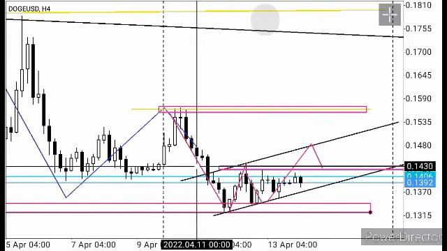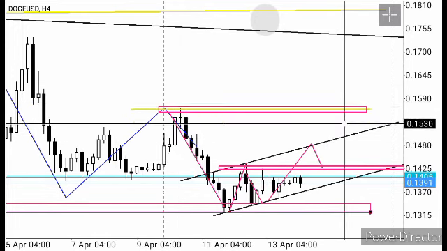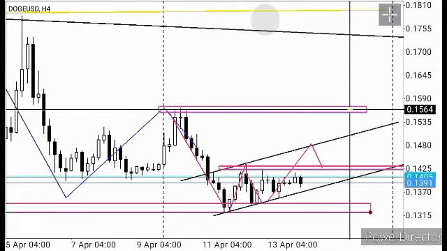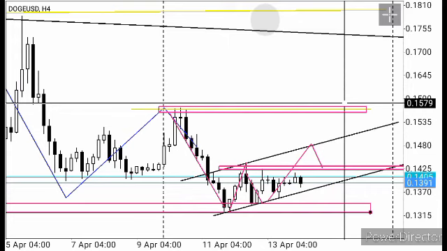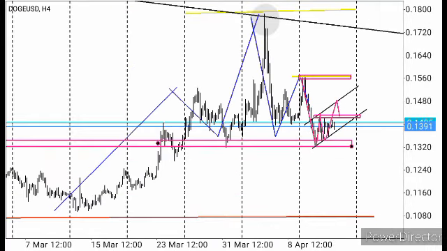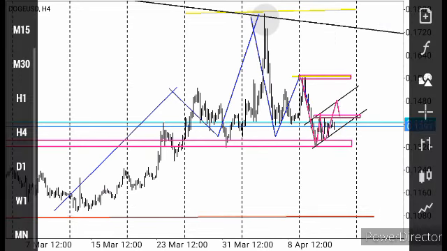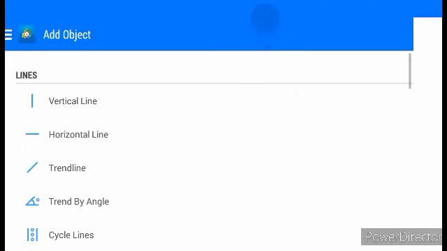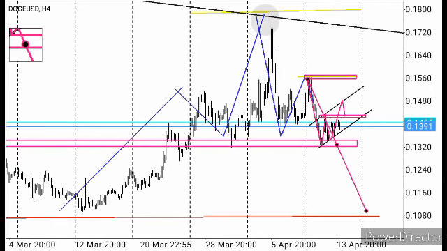Such as the formation of another M or reversal candlestick patterns, and then should I sell over here, I would again look for further selling opportunities once price closes below the zone over here, and then my target area would be this area over here, and that would be the completion of the head and shoulders pattern that we spoke about on the daily chart.